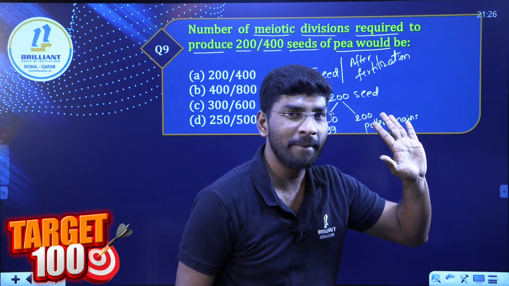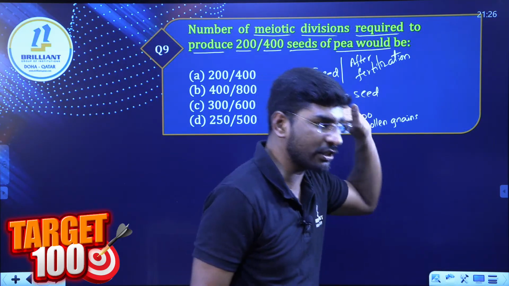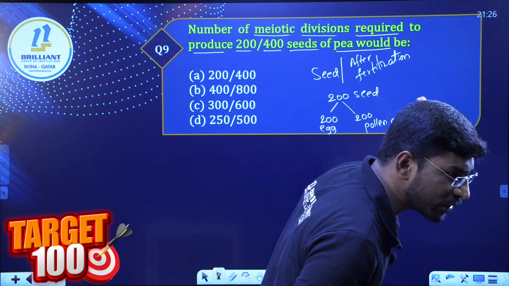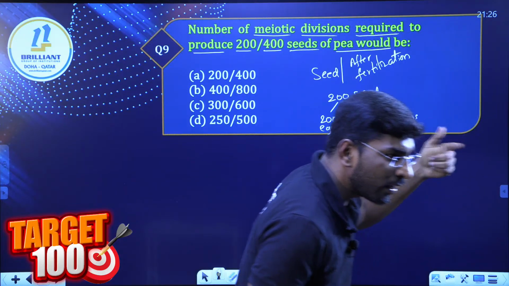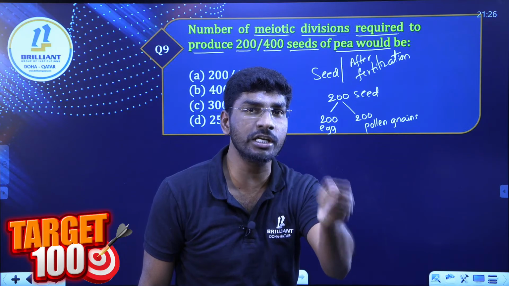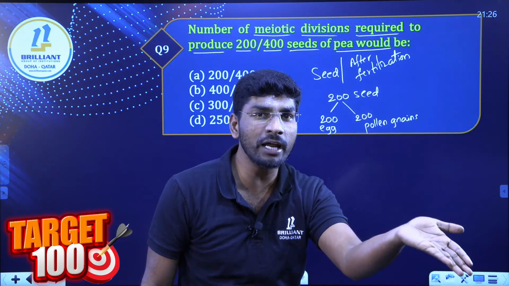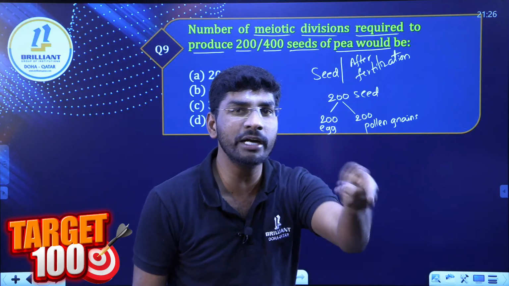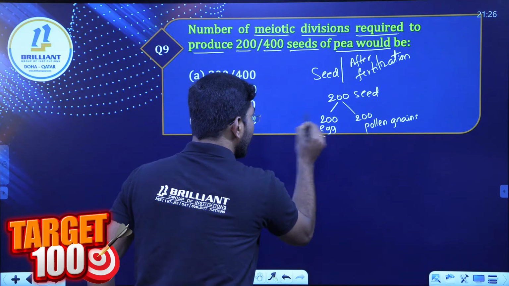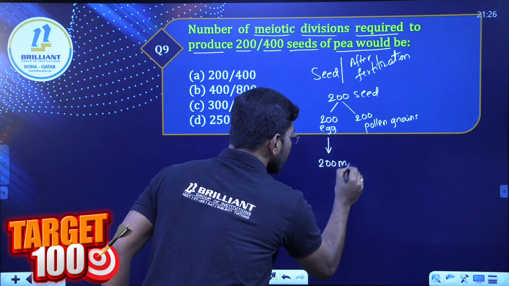Just give me the number. Shadi, Hafiz, Albert. I told you, one meiosis will give one egg. So 200 meiosis, 200 eggs. For the production of 200 eggs, 200 meiotic divisions.